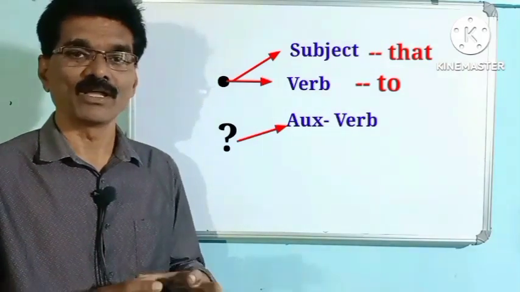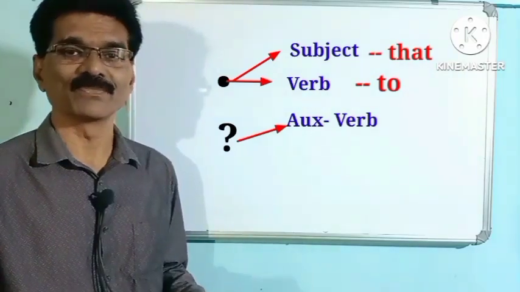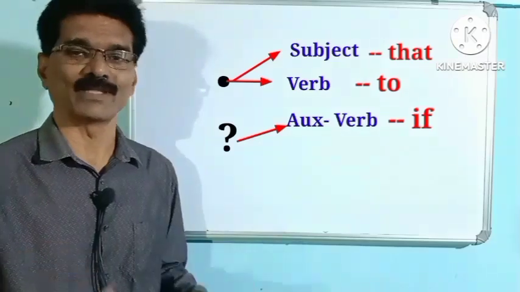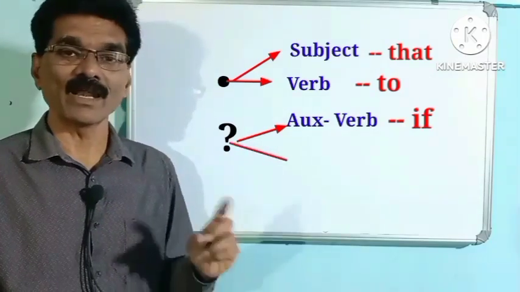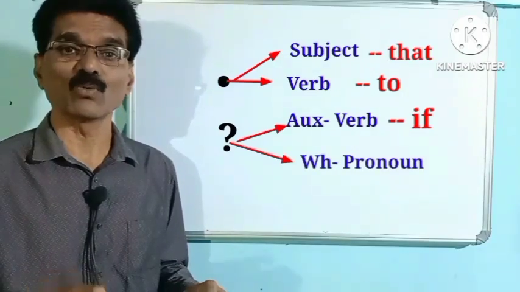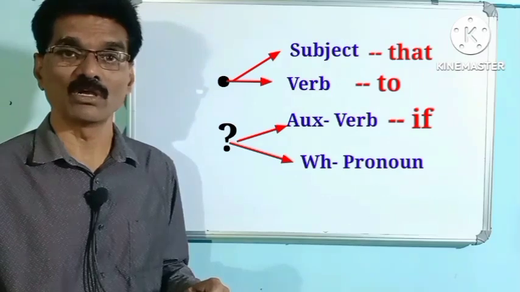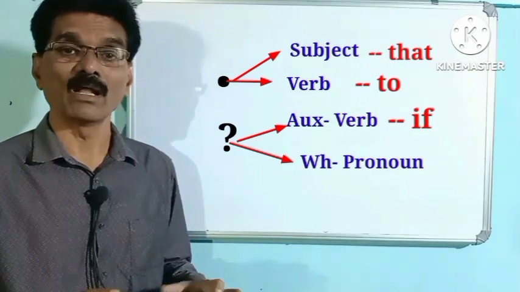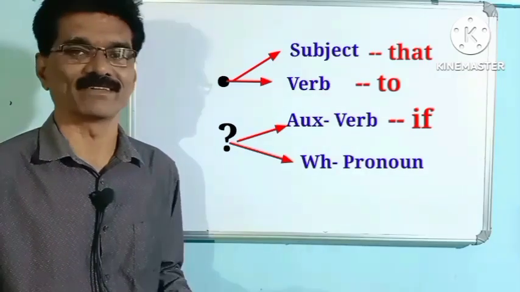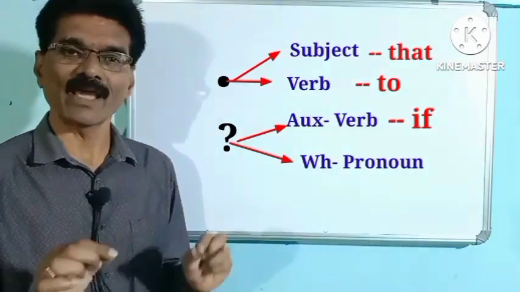If your sentence begins with any of these, you have to bring in if or whether. And if your sentence begins with a WH pronoun like what, where, when, how, who, whom, whose, how long, how far, then you don't have to bring in any word here. You have to keep the WH pronoun as it is.